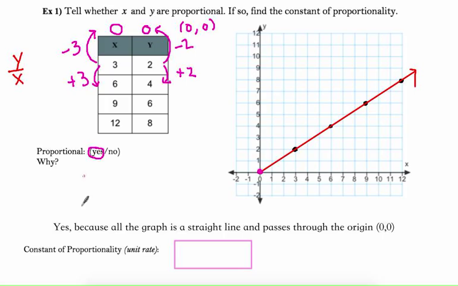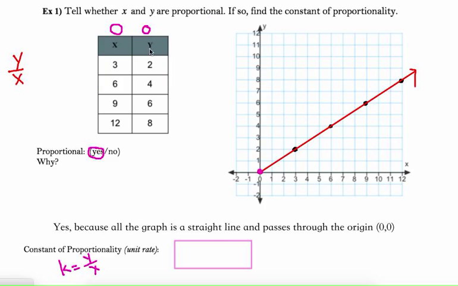Your y over x is what you need to calculate. You need to calculate the k, which is y over x. If I start with the first values of x and y, it would be y over x, which is 2 over 3. And then the next one would be 4 over 6, which actually simplifies to 2/3.